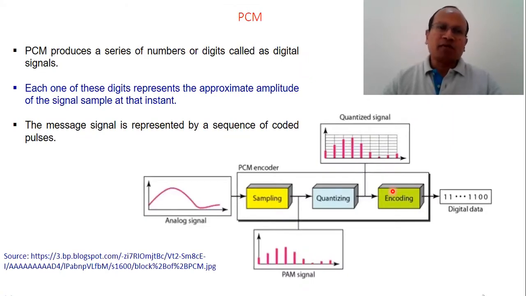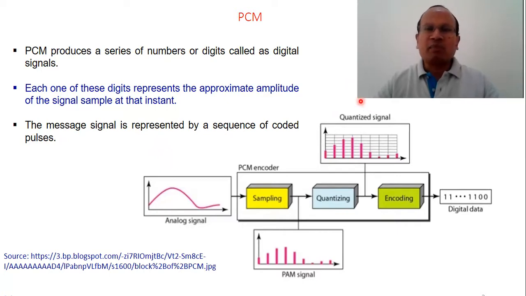As we know, PCM produces a series of numbers or digits, which we call digital signals, also called a stream of bits. Each one of these bits represents the approximate amplitude of the sample. And this is why we call it pulse code modulation.